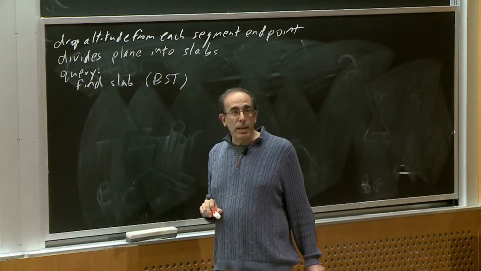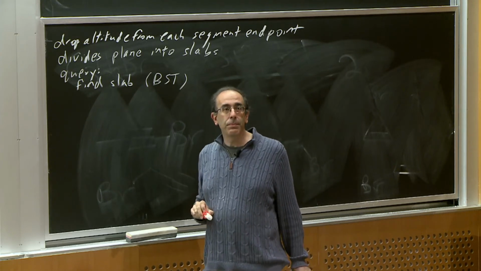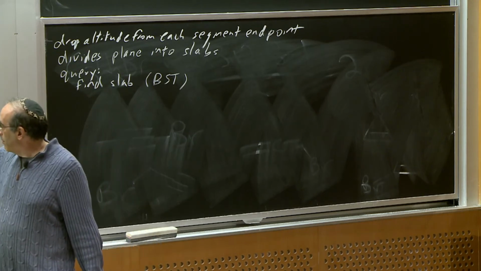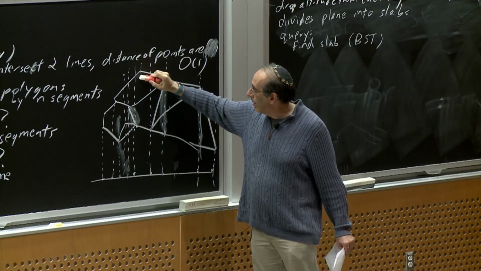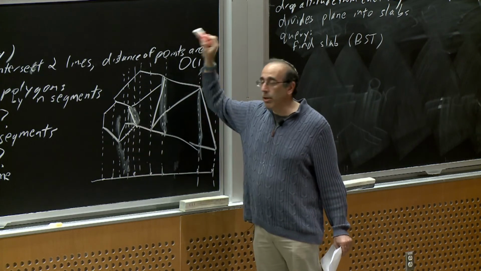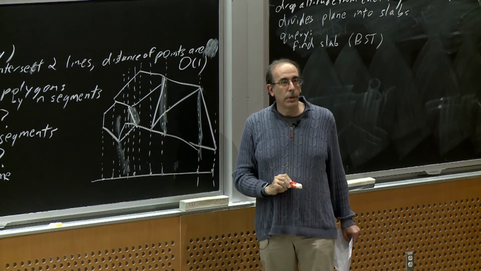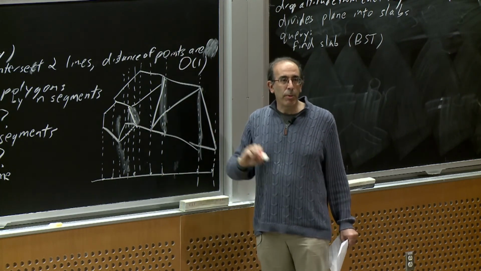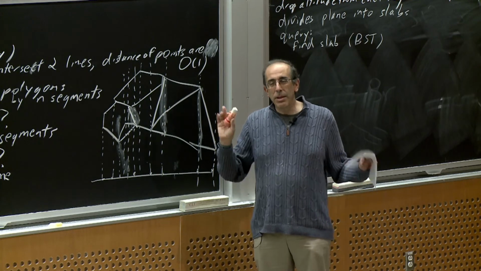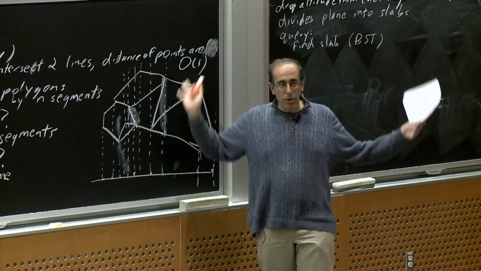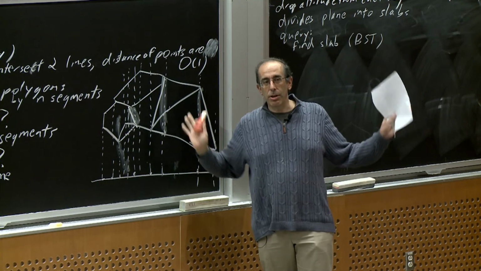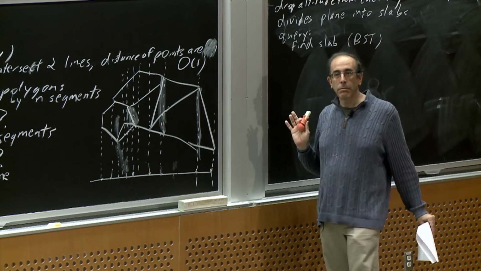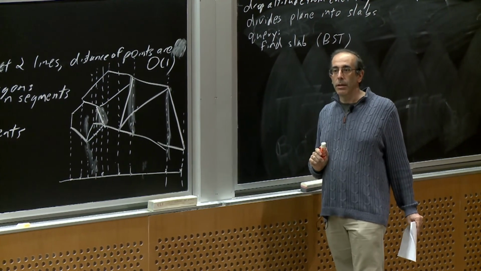Once I know what slab it's in, what do I need to do? Well, I've got these segments dividing up the slab into vertical regions, right? And so I need to figure out where among these segments my query point is vertically. But I claim that this is an easier problem than thinking about the whole polygonal arrangement. What makes it easier to just think about one slab? Yes? Exactly.